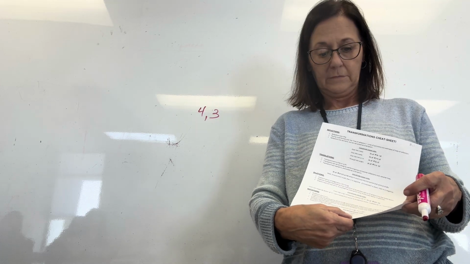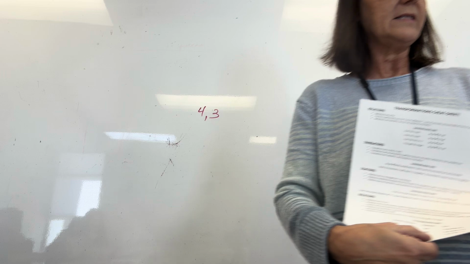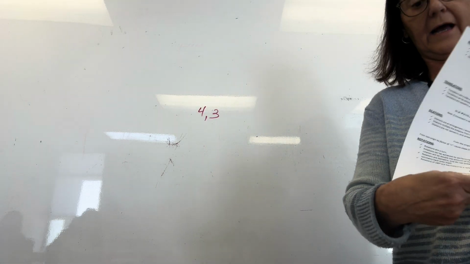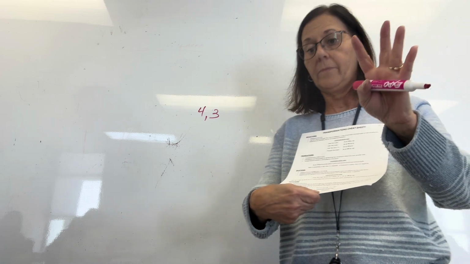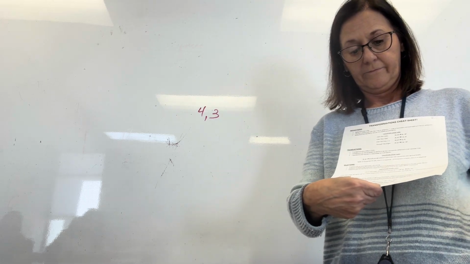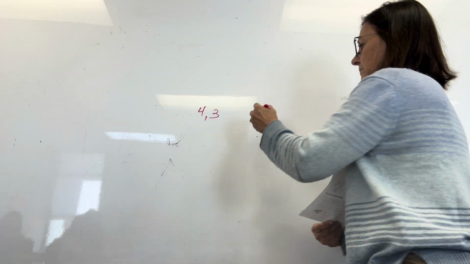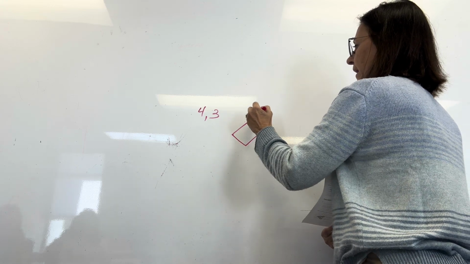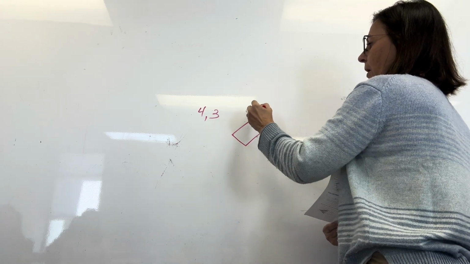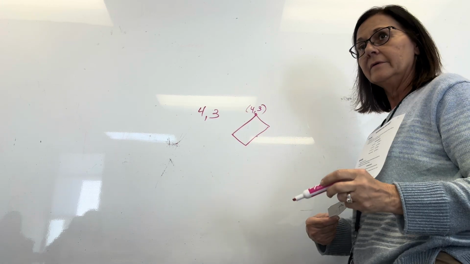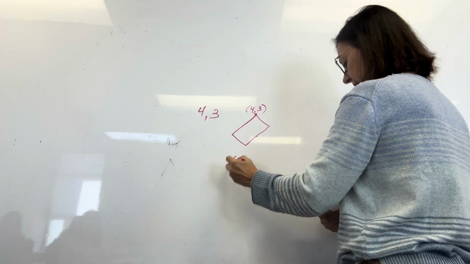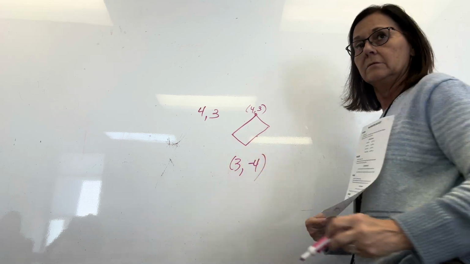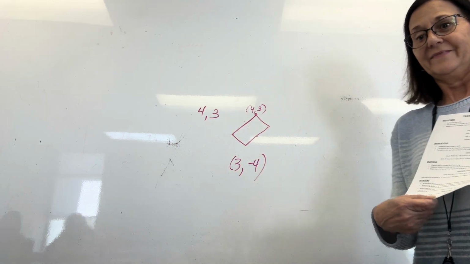Was it asking? I believe I said clockwise. Did I write clockwise? I wrote clockwise, yeah. It didn't say it in the problem. So, because it's counting by twos, this is probably (4, 3), right? (4, 3) becomes (3, negative 4). Do it clockwise. Yeah.